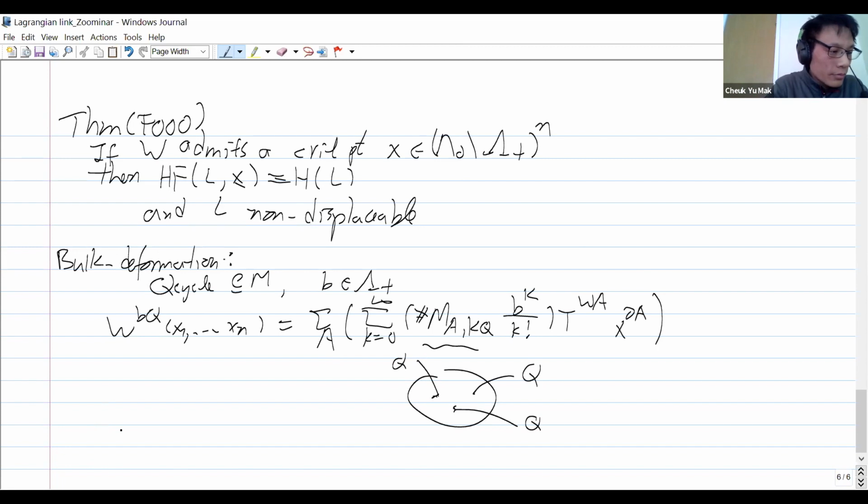When M is an orbifold, you can pick Q to lie inside the orbifold twisted sector.